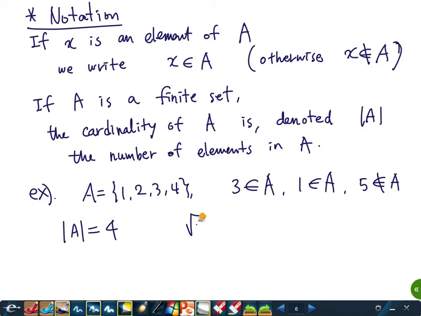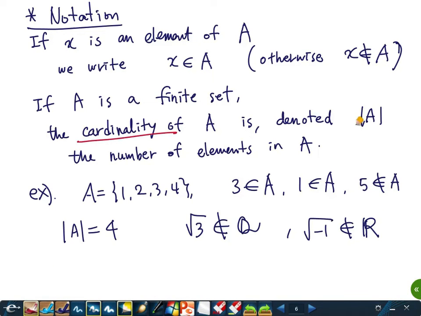And the square root of 3 is not an element in Q. It's not a rational number. And square root of -1 is not an element of the set of real numbers. It's not a real number. Right, so cardinality denoted like this.